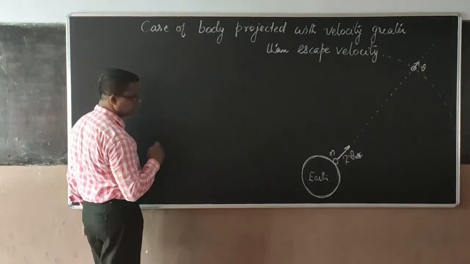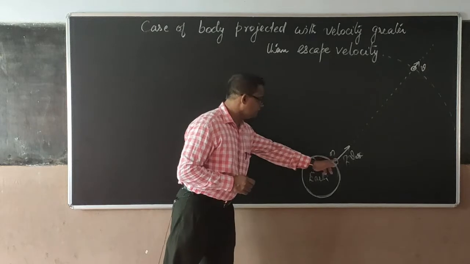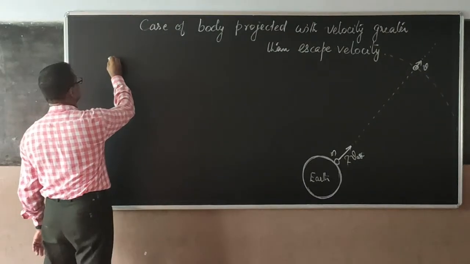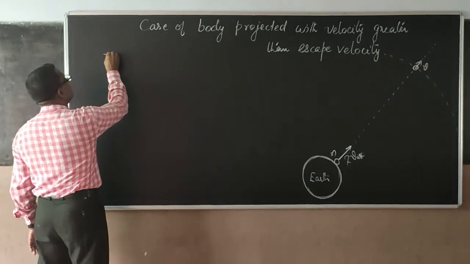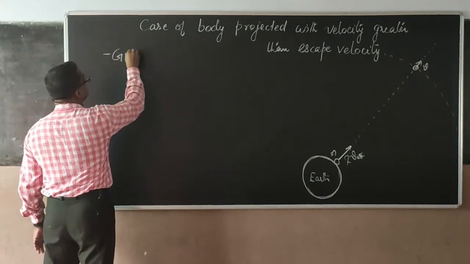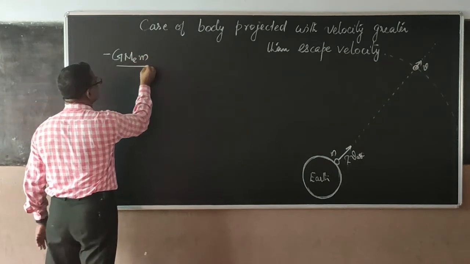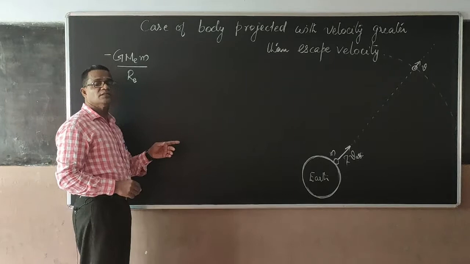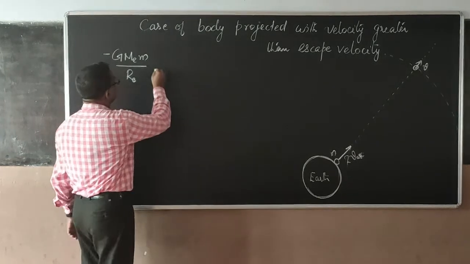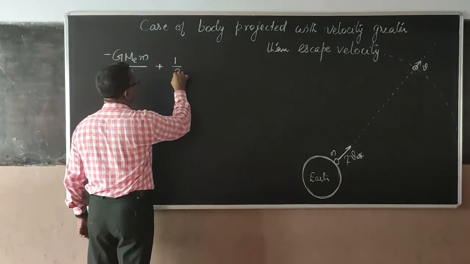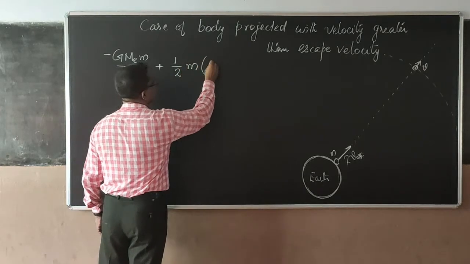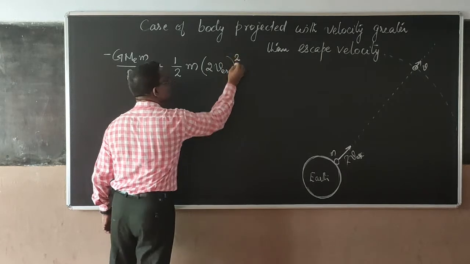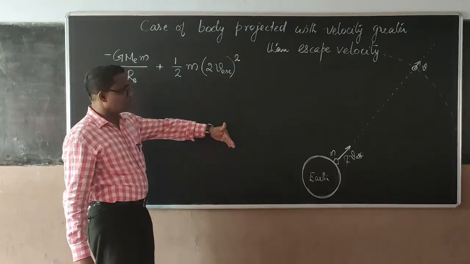So the total energy of the particle when it just starts from the earth is equal to minus G Me m divided by Re, that is the gravitational potential energy of the mass m on the ground, plus half m into (2 v escape) squared. That's the kinetic energy with which it is starting.